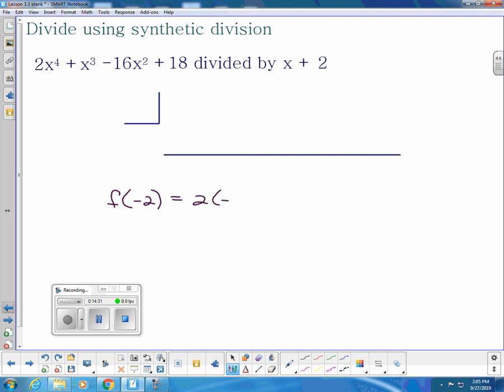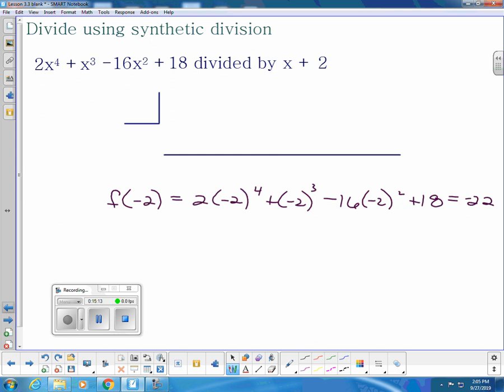So if I put -2 in here, and I put that in my calculator, I get -22. So the remainder, if I did synthetic division, would be -22. Okay? It's a quick way to check your synthetic division.